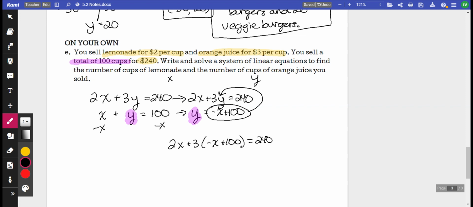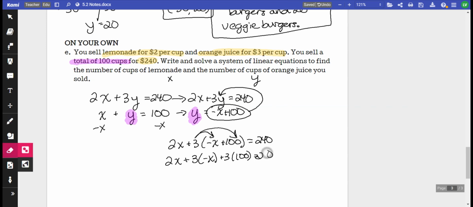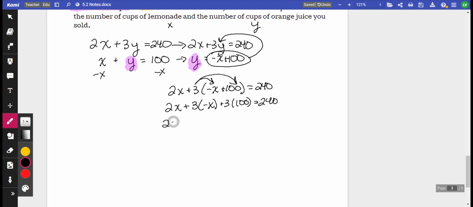Again, I'm just replacing my y from equation number 1. So then I'm going to distribute my 3 times negative x and my 3 times 100. 2x plus 3 times negative x plus 3 times 100 equals 240. Alright, so 2x plus negative 3x plus 300 equals 240.